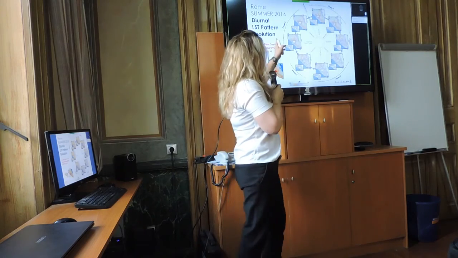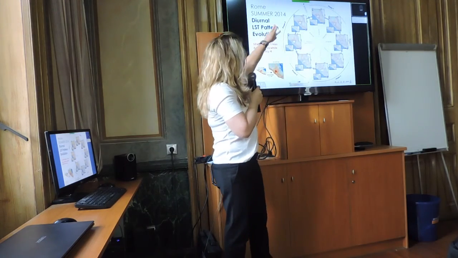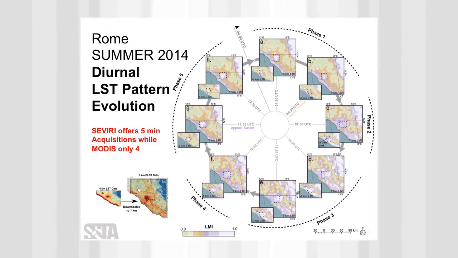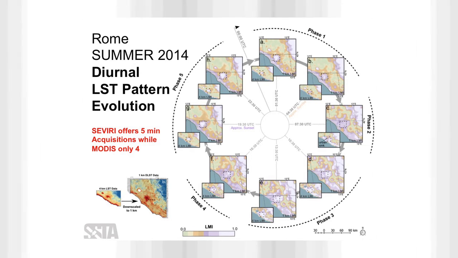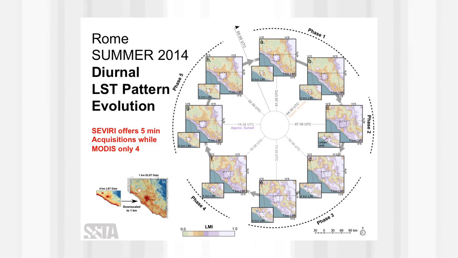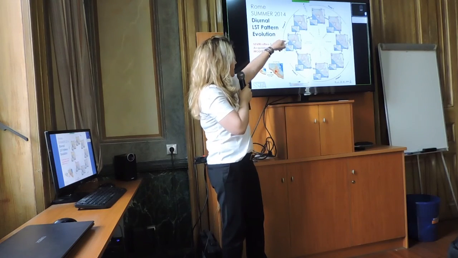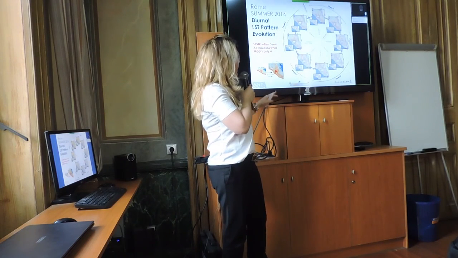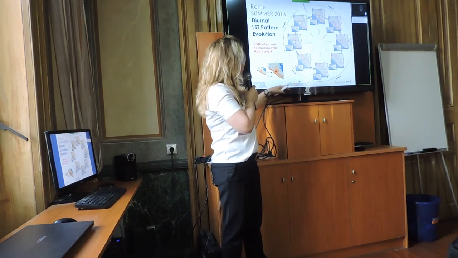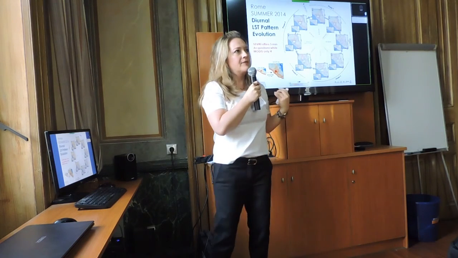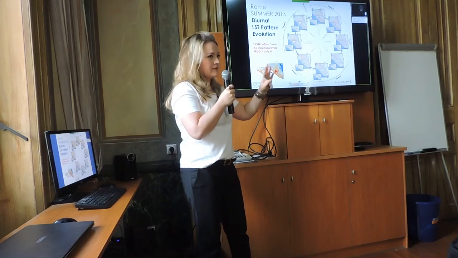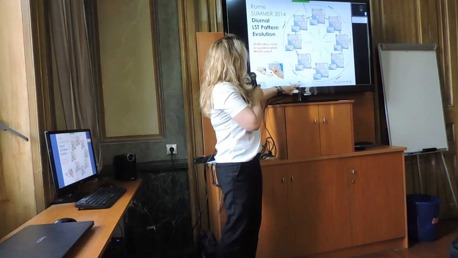And here we see during 24 hours. So imagine this as a clock. We start here. This is night time, so you have a well-defined urban heat island. Rome center is the square in the middle. And what you see here is an index that shows you how good a pattern is formed.